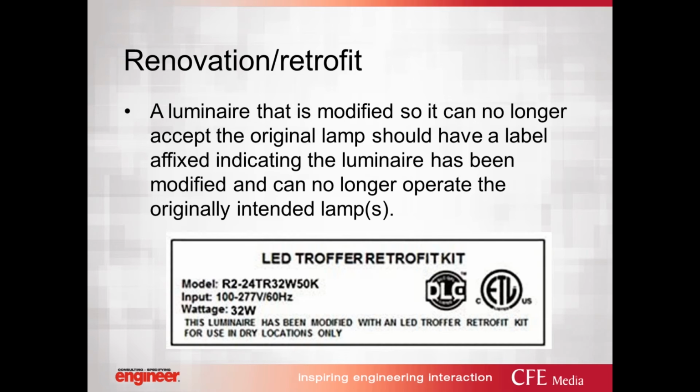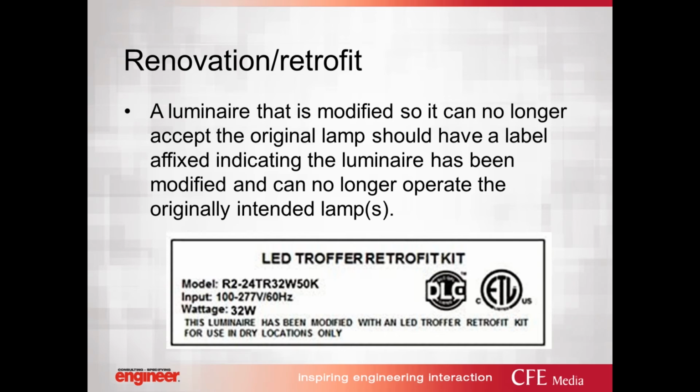Okay, so when you're doing the retrofit, it's required that a sticker be put onto the fixture itself, and it basically states that it's been modified. And here's an example of a label that can be put onto the fixtures.